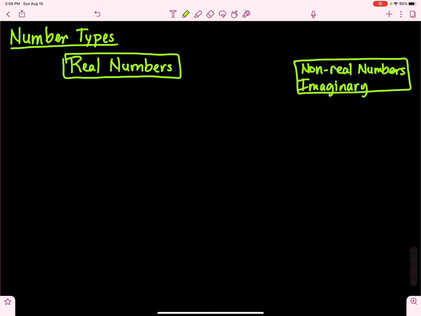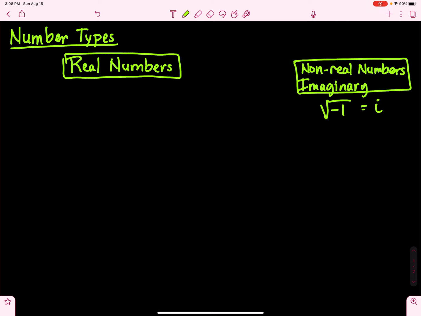I am going to talk about non-real numbers first because we're not going to spend a lot of time on these. We will talk about these later in the year, but your imaginary numbers include things like taking the square root of a negative. All right, for instance, the square root of -1 is equal to i, indicating that it is imaginary.